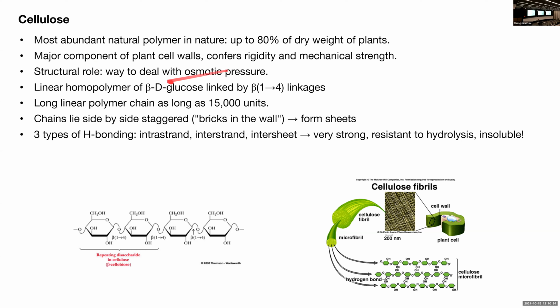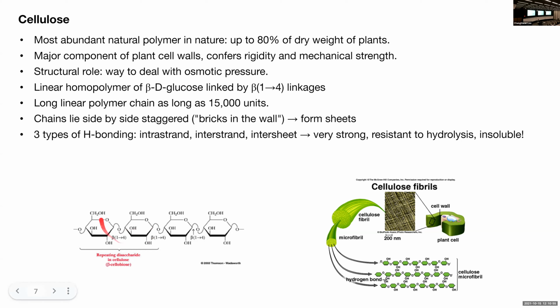We talked about this already. It's a homopolysaccharide with a linear structure where its subunit is beta D-glucose, and it has beta 1 to 4 linkages.